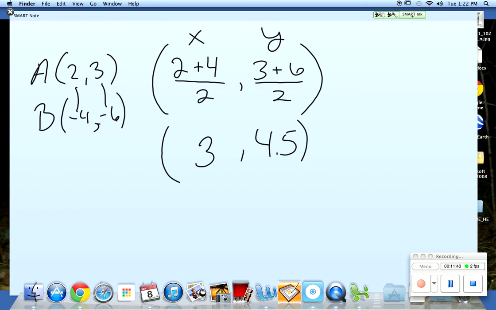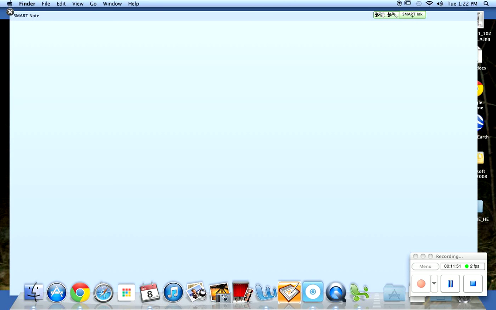Let's do 17 through 21 odds. This is page 34.